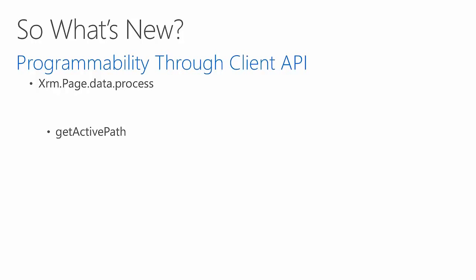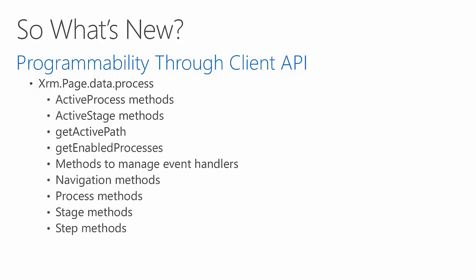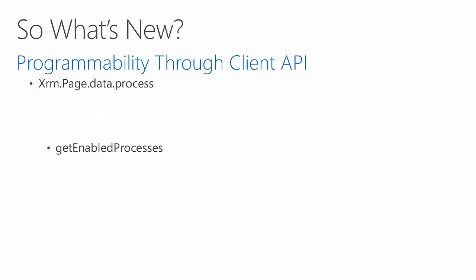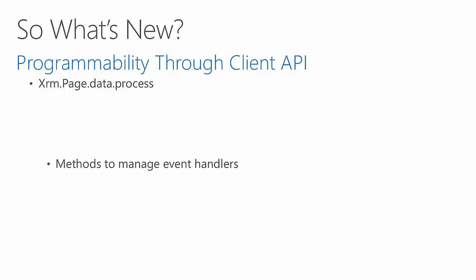Use the getActivePath method to get a collection of stages with methods to interact with the stages displayed in the business process flow control. Use the getEnabledProcesses method to asynchronously retrieve the enabled business process flows that the user can use for an entity.